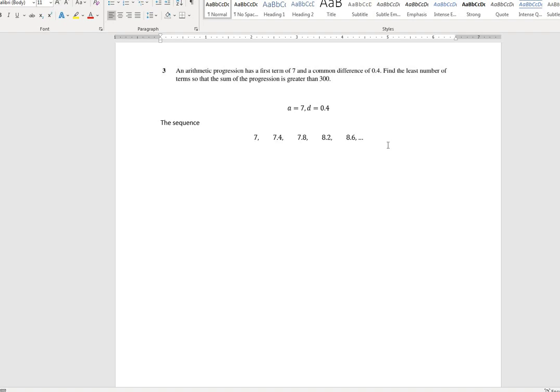Okay? So you also have to take note that the sum of the progression is greater than 300. S sub n is referring to the sum of the progression. That means 7 plus 7.4 plus 7.8 plus 8.2 plus 8.6 and so on. The value of that summation is greater than 300. So we have to find the least number of terms for that.